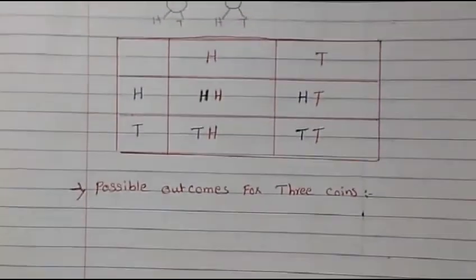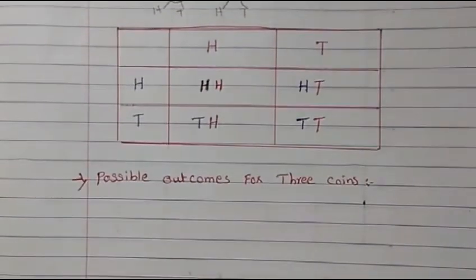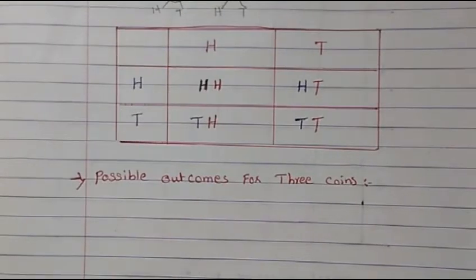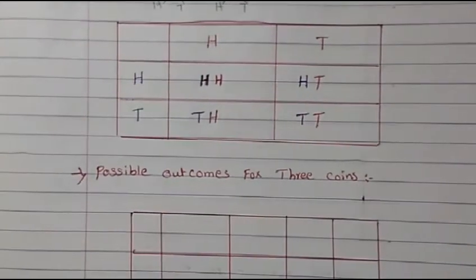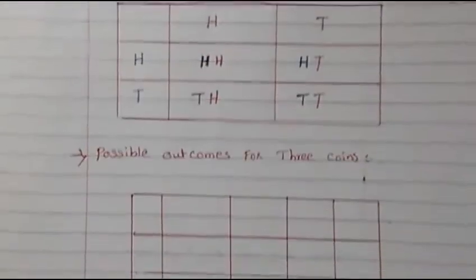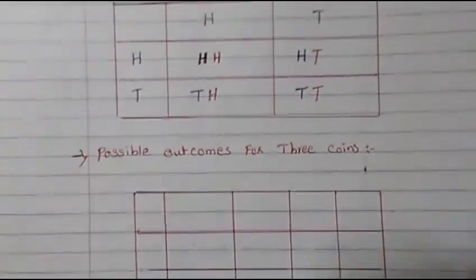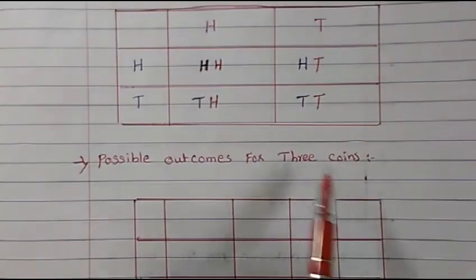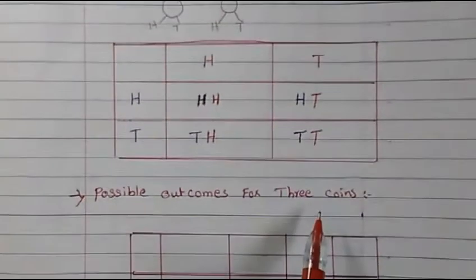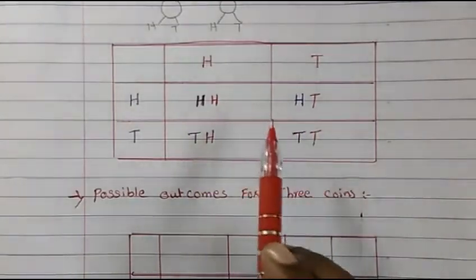If 3 coins are tossed, what are the possible outcomes? For that also you can make the table. So I have made the table here. For the possible outcomes for 3 coins, first let's write down the possible outcomes we had for 2 coins.